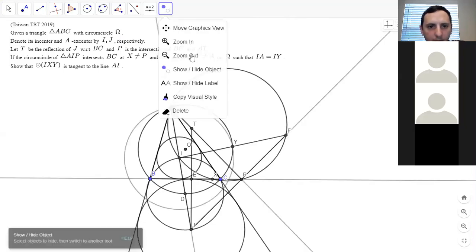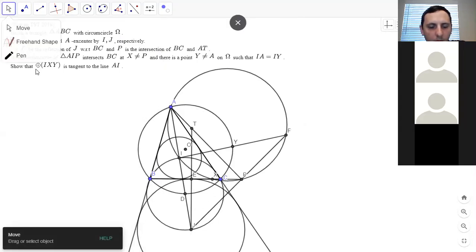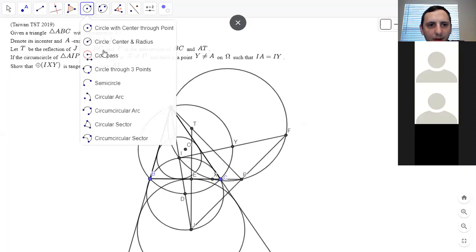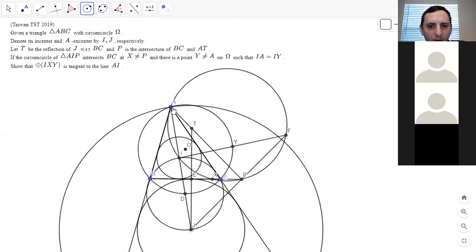We unhide A. Is JAF isosceles? No. Can you intersect OI and JT?